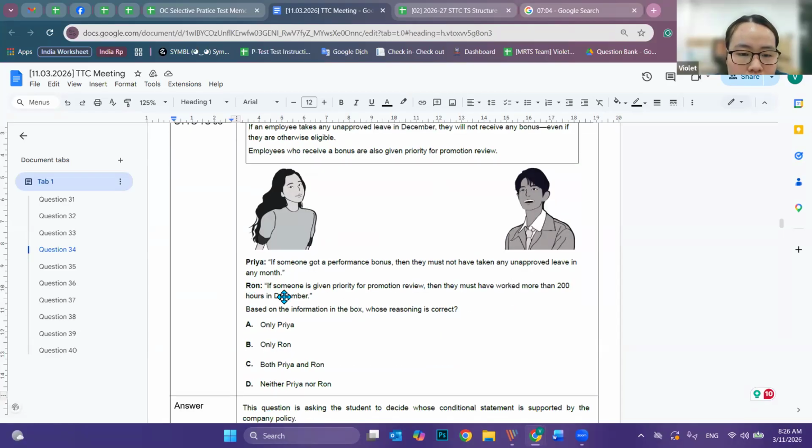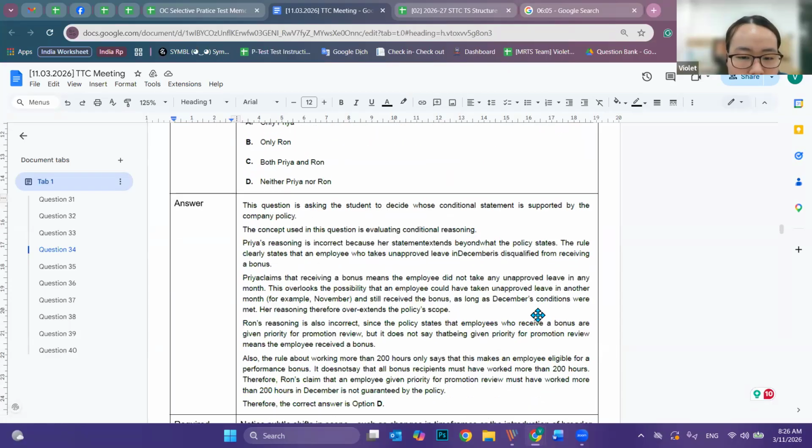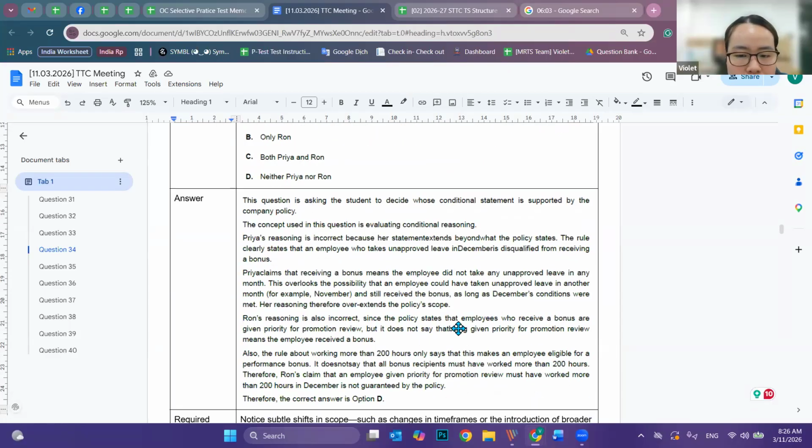Wrong says if someone is given priority for promotion review, then they must have worked more than 200 hours in December. So that is also incorrect, because the policy states that employees who receive a bonus are given priority for promotion review, but it does not say that being given priority means the employee received a bonus.